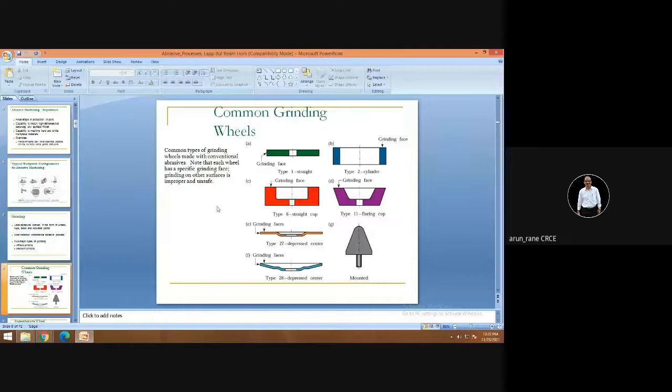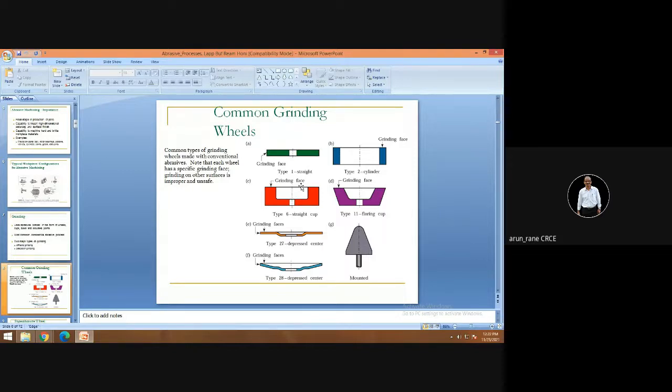These are the common grinding wheels which are used. The most common is this one. It has a hole inside, and it is mounted on a shaft, and then there is a flange, and then it is bolted. You have a nut here.